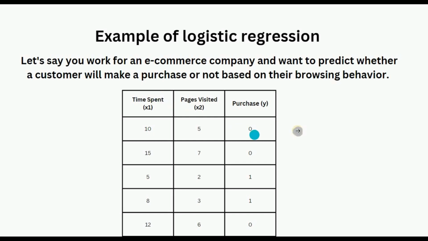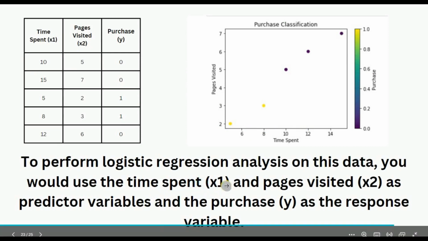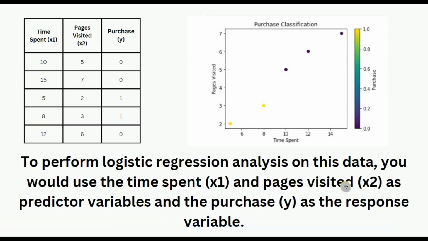Now how will we do that? We can create them also in a chart. So x1 is the time spent, and x1 and x2 are your independent variables, or you can call them predictor variables, and purchase y is our response variable, meaning the dependent variable here.